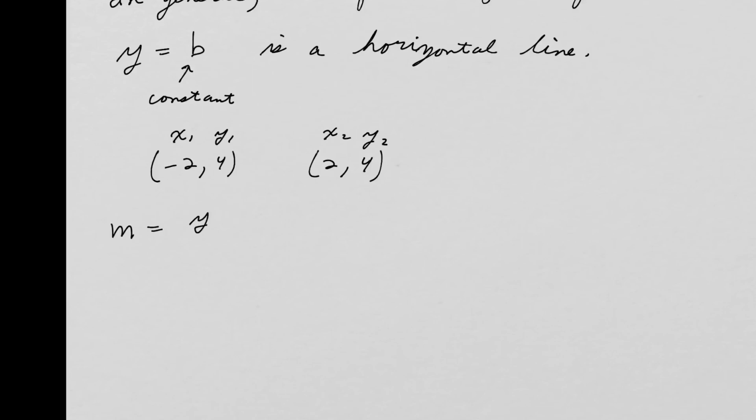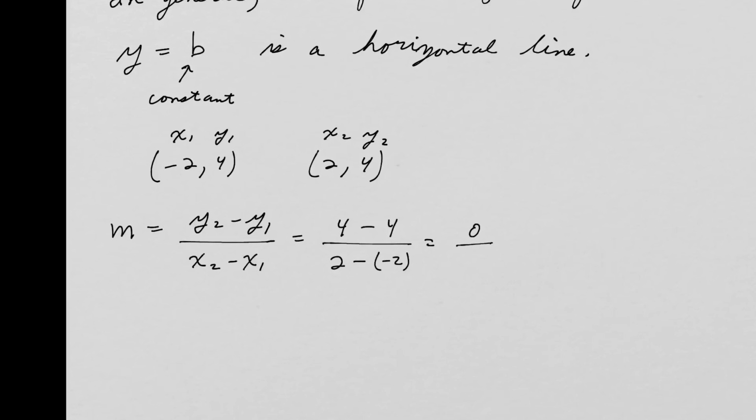So the slope is always y2 minus y1 over x2 minus x1. So in this case, it would be 4 minus 4 over 2 minus a -2. Well, 4 minus 4 is 0, right? So the numerator is 0. 2 minus a -2 is the same as 2 plus 2, which is 4. But then 0 divided by anything, as long as that denominator is not 0 itself, is equal to 0, right? 0 divided by anything is 0.